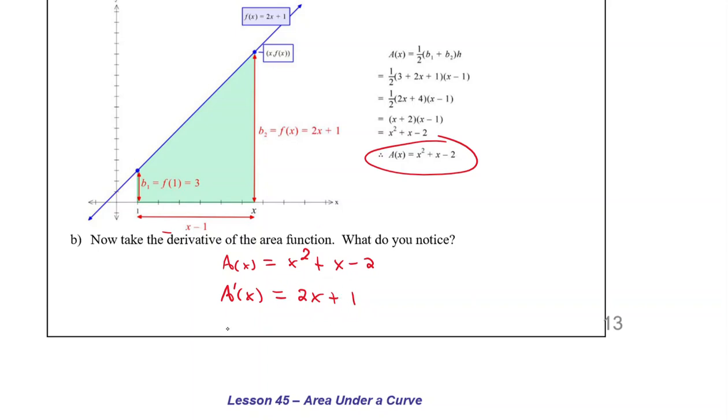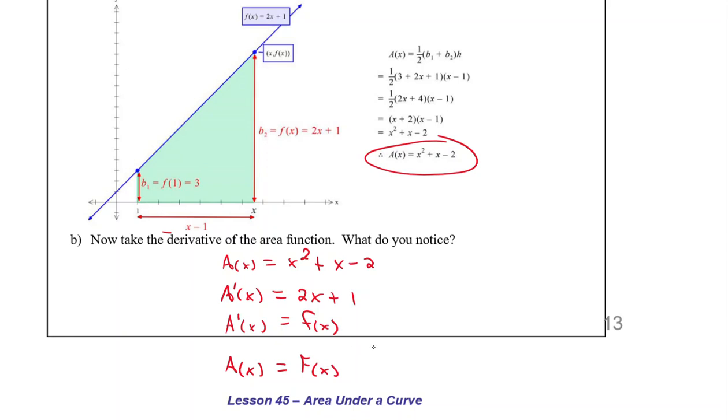So we can say that a prime of x, the derivative of the area function, is just equal to f of x. And if the derivative of the area function is just equal to our original function, then we can say the area function must just be the antiderivative of f of x. So usually capital F of x.